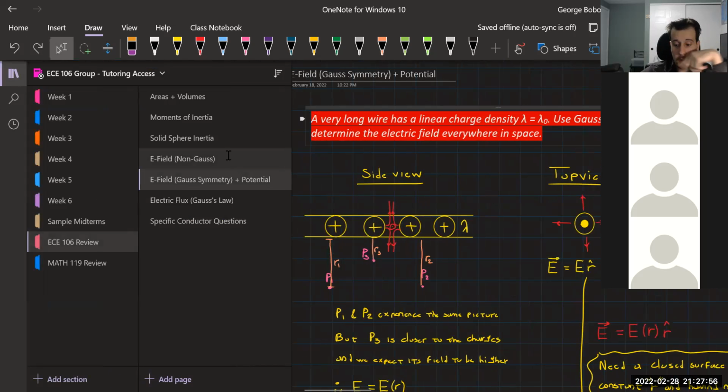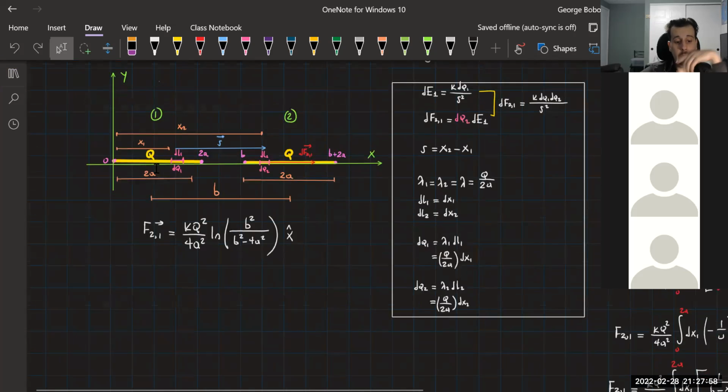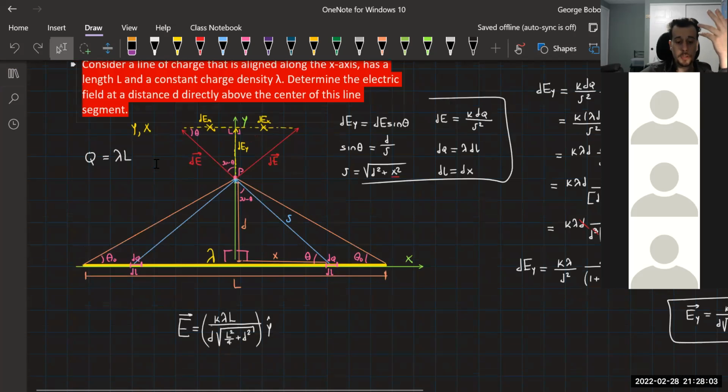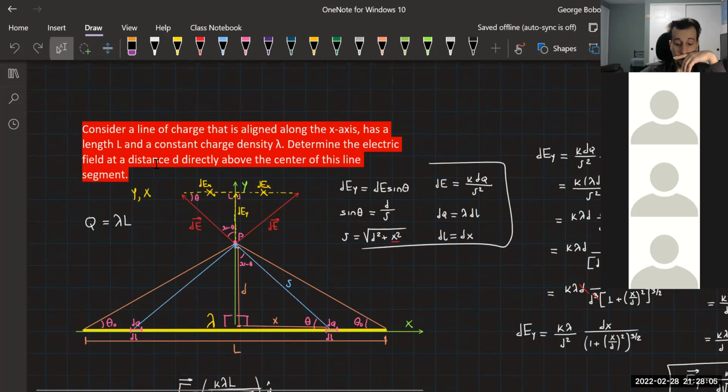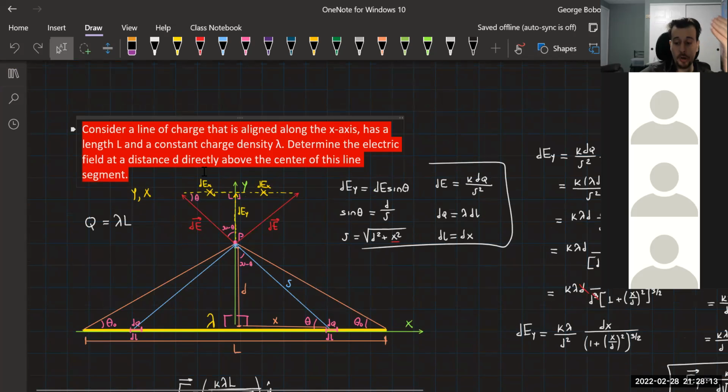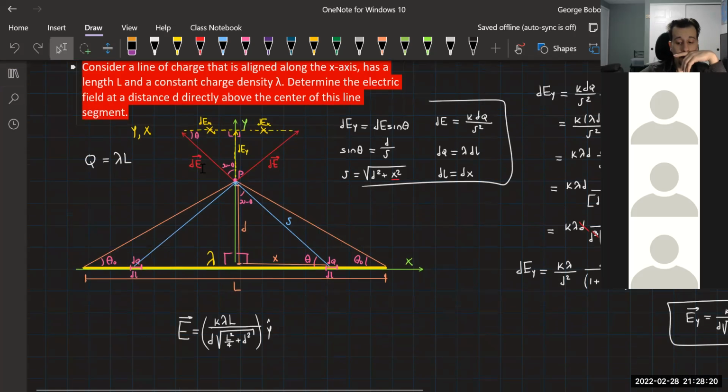So on the non-Gauss stuff now, how to find the electric field there. You're always looking for symmetry, right? Most of these problems that they're going to throw at you have symmetry, and you have to work out yourself what that symmetry is. So if you have a non-Gauss problem, the first step is to see if there's any symmetry. You determine that if the problem has a mirror, like if this side mirrors this side, you're going to have symmetry.